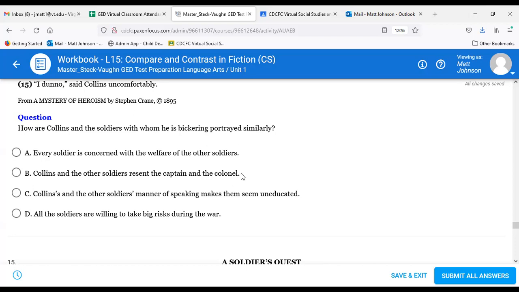C, Collins and the other soldiers' manners of speaking make them seem uneducated. Or D, all of the soldiers are willing to take big risks during the war.